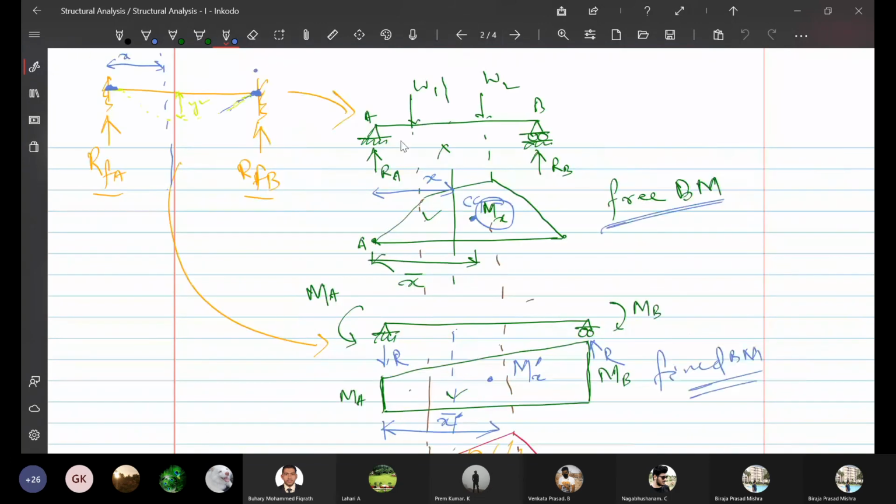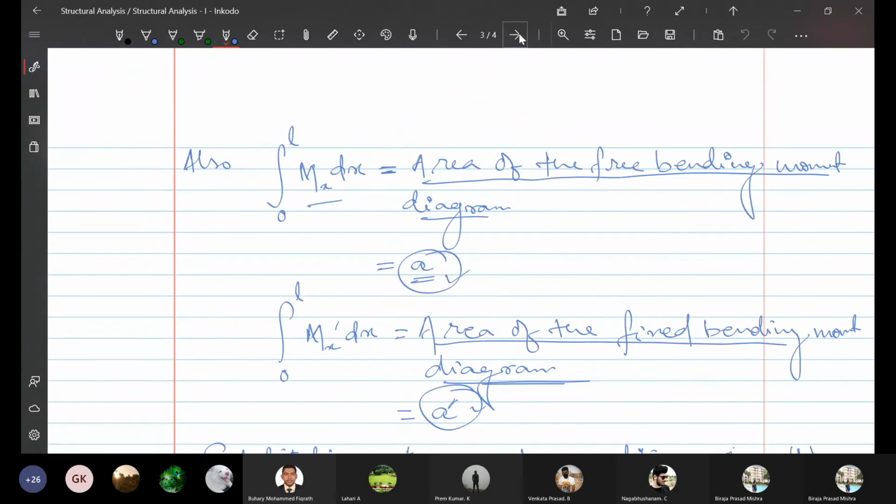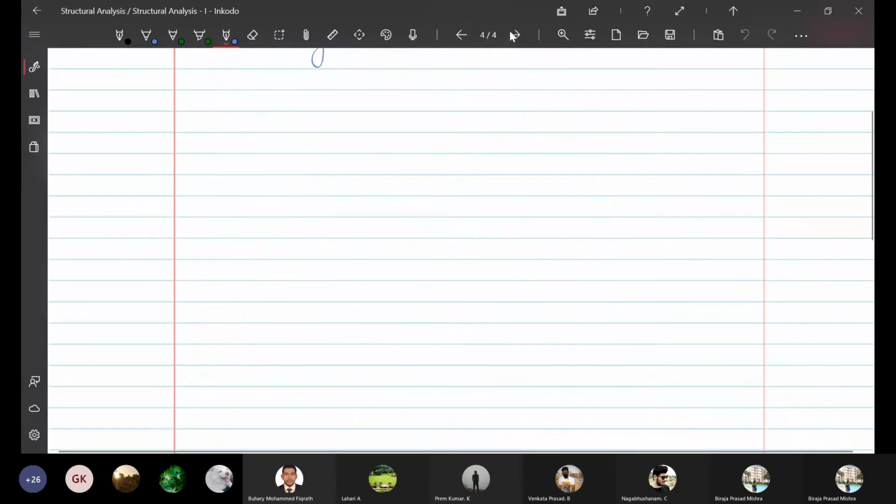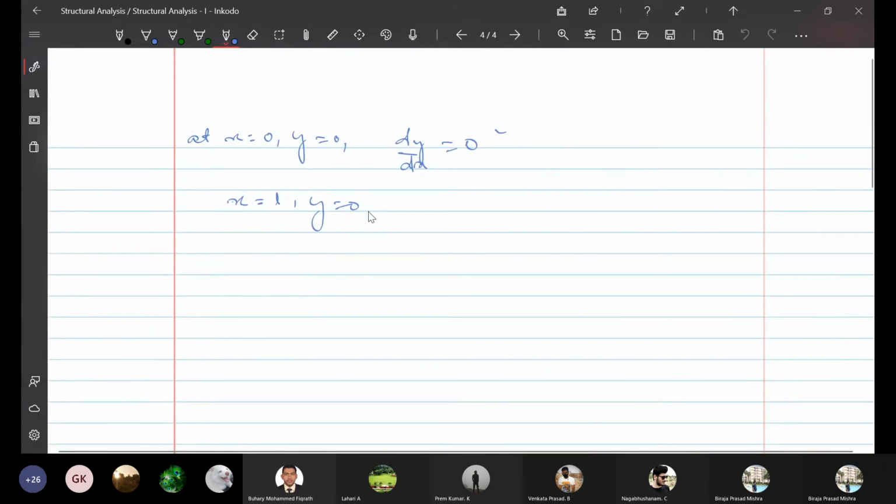These two points, at x equals 0 and x equals L, y equals 0, so there is no deflection. Again here also dy by dx is 0.